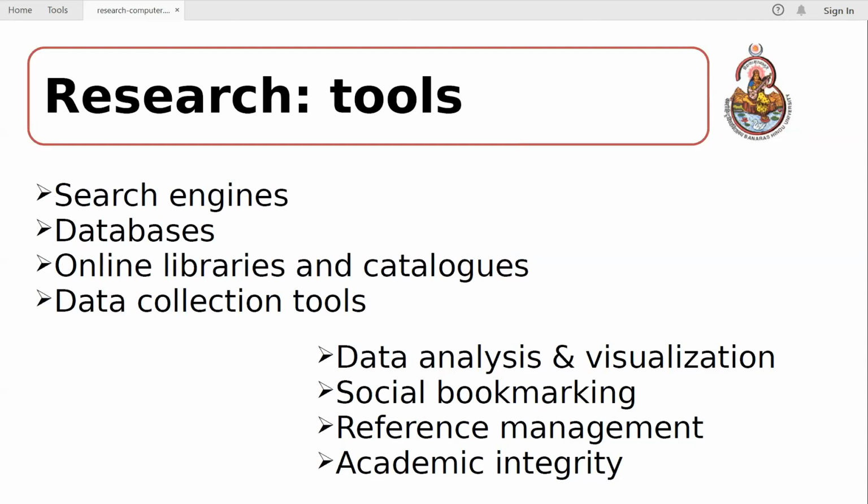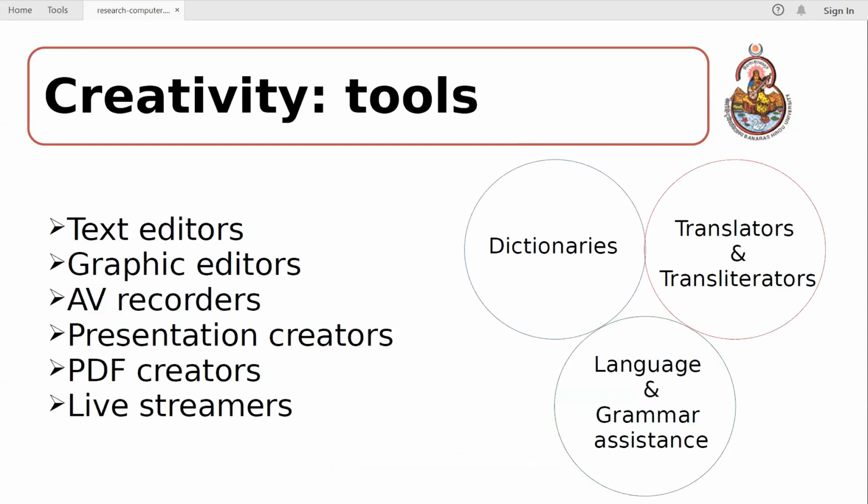Last but not the least, you have academic integrity software, where you can measure, when you are publishing something, whether it is original or your write-up is not picked up from others, and so on and so forth. So you have a lot of tools which can save you from many kinds of situations where your research work can be challenged. And all these tools are available for you free of cost, for you as a researcher and as a teacher.